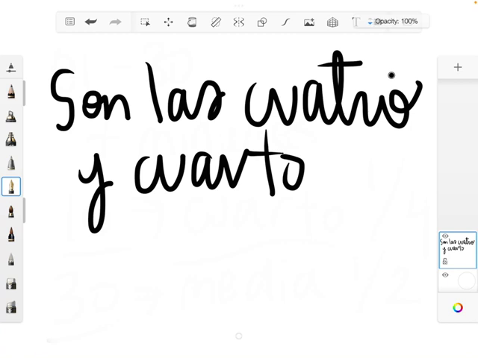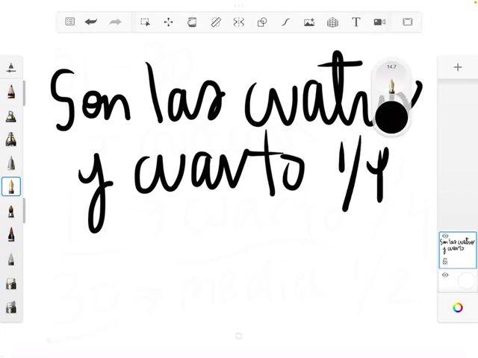These look like almost the exact same word, but you see the R and the T switch. So cuatro is the number 4, and that's CUATRO, versus cuarto, which is CUARTO, and that means 1/4. So son las 4:15 means it's 4:15.